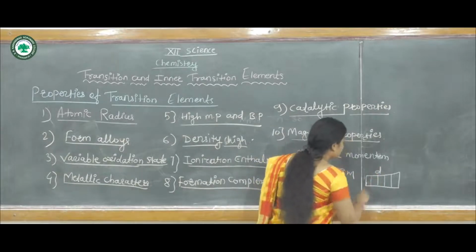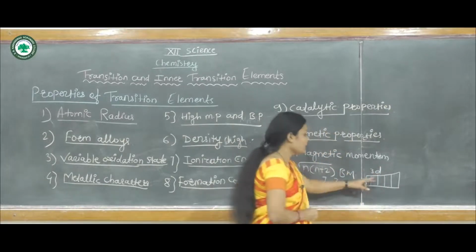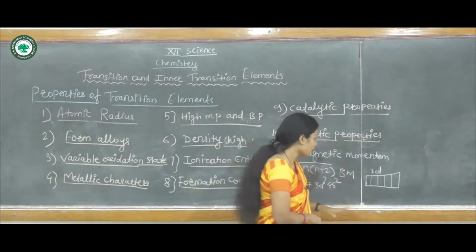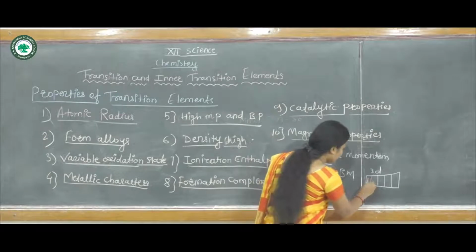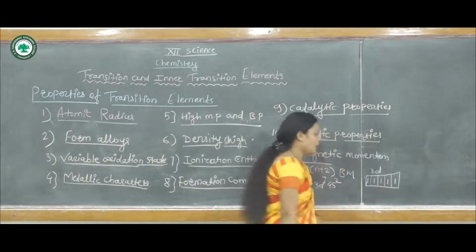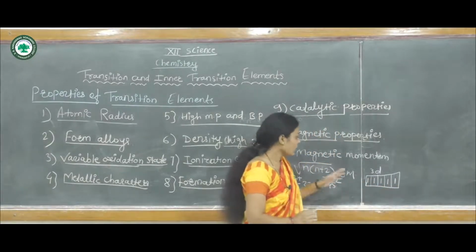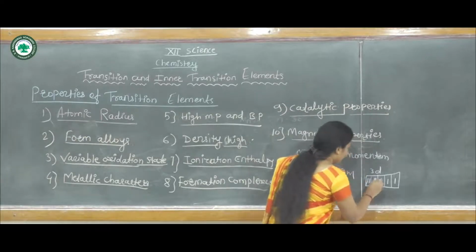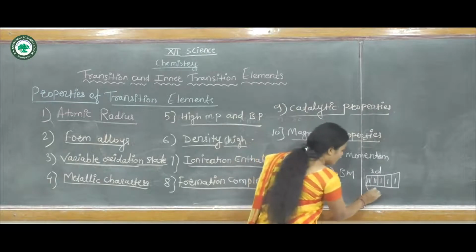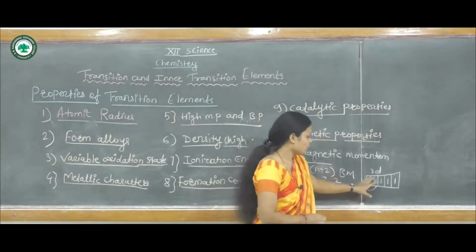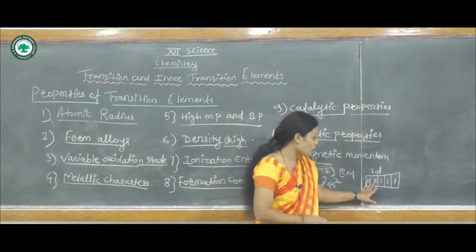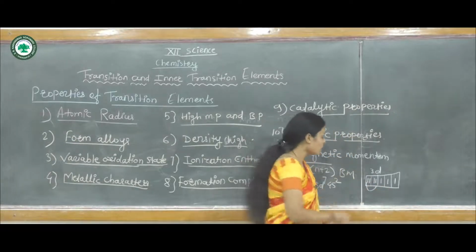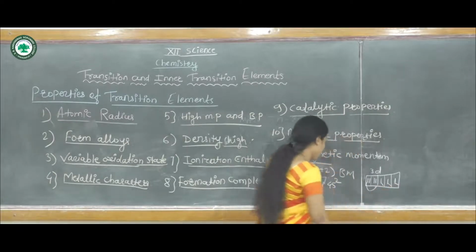In the 3d orbital, the 7 electrons can be placed in the d orbitals. Here are 1, 2, 3, 4, 5, and then the remaining 2 electrons can be paired with the first and second electrons. Here there are 2 completely filled blocks, and the number of unpaired electrons we can calculate as 1, 2 and 3.